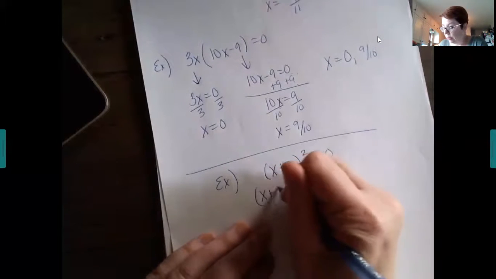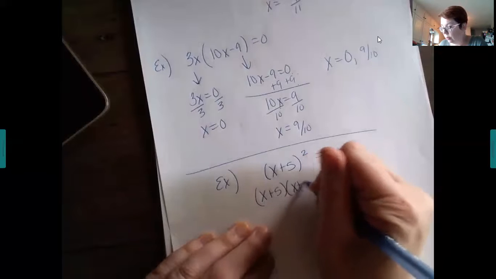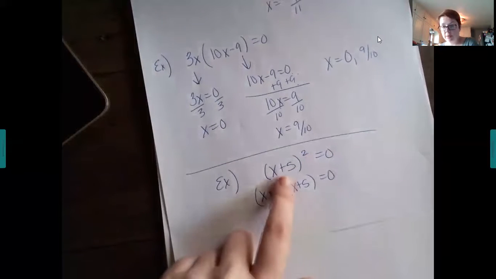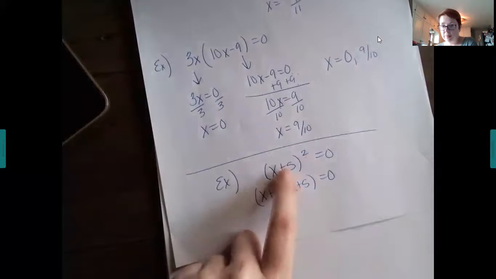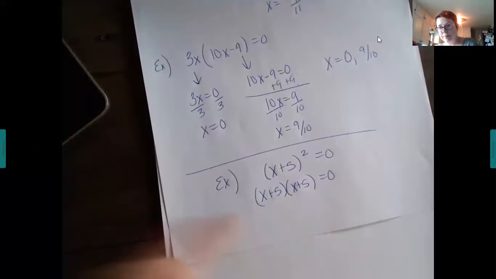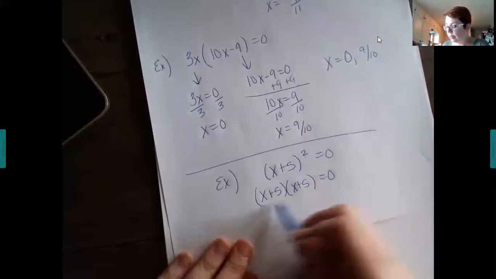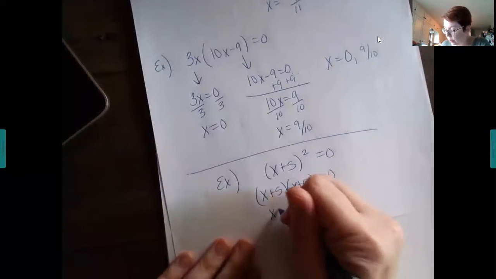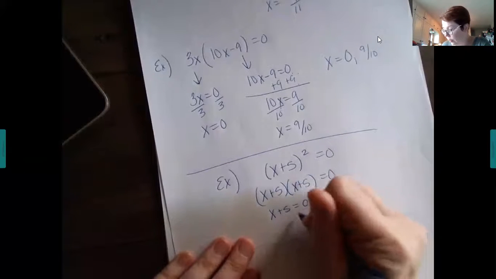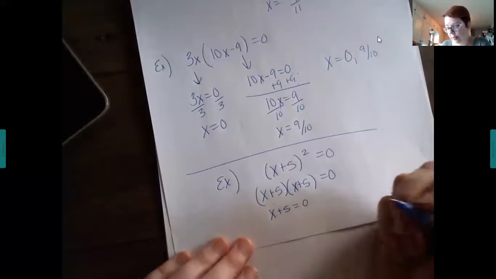So squaring it means we're going to take the whole thing and multiply it by itself. So it's the same thing in each group, right? It's the same something. So because it's the same, you really only have to worry about doing it once, because why repeat the same stuff?